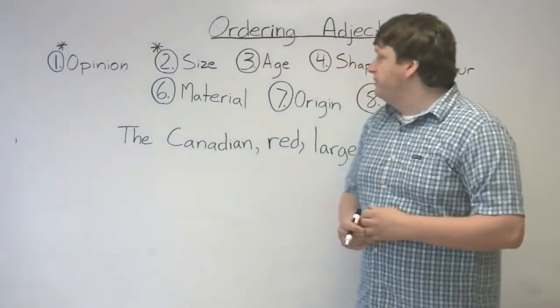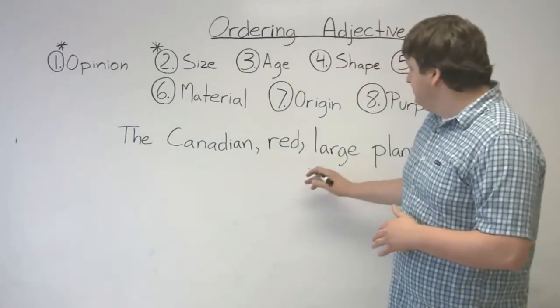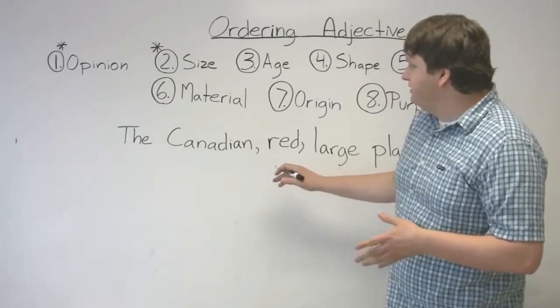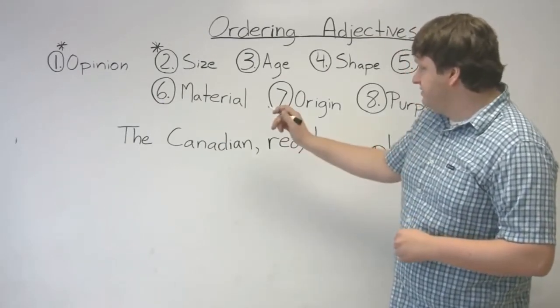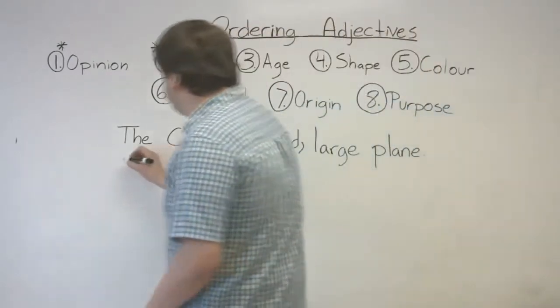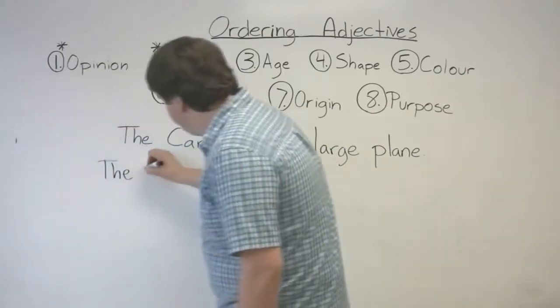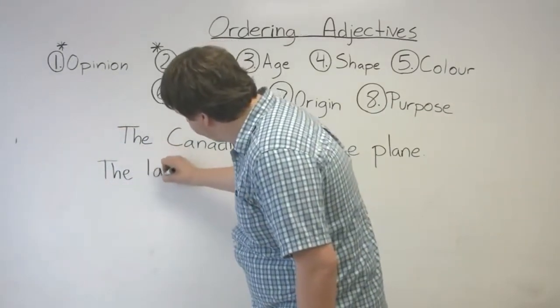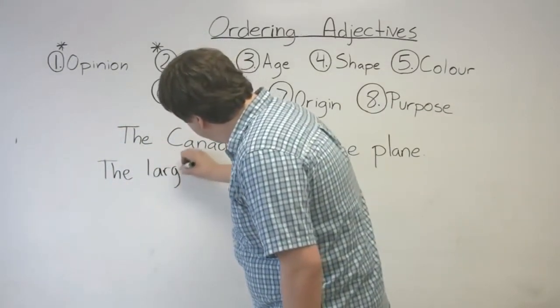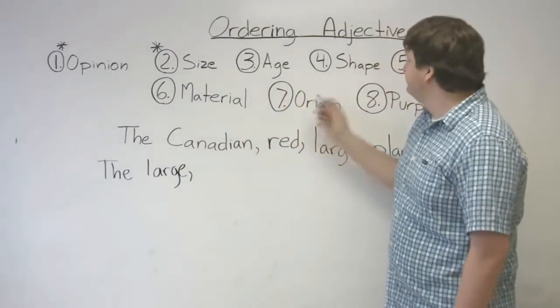So what's the first thing we have to look at? Opinion. Is there really an opinion in here? Red, large, Canadian? Nope. Size. Okay, there's large. So first thing we would do is say the large. Age? Nope.